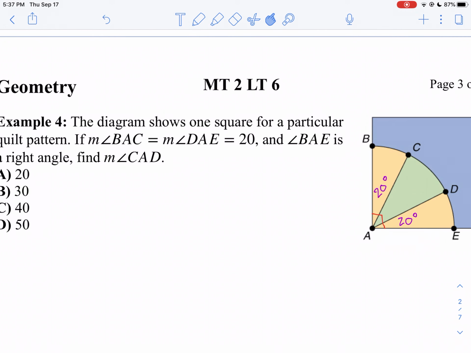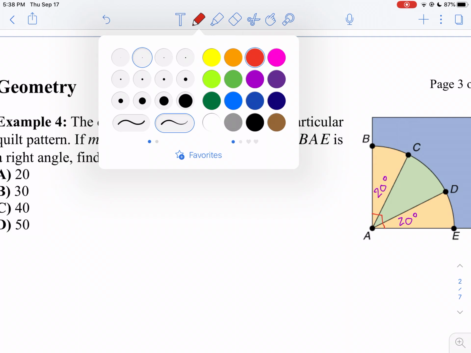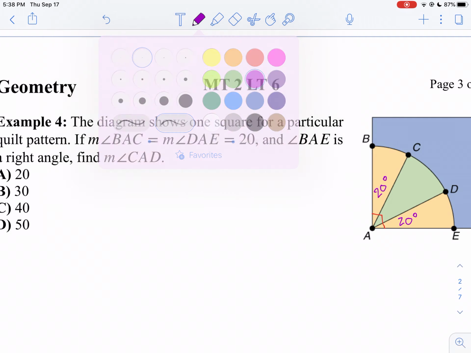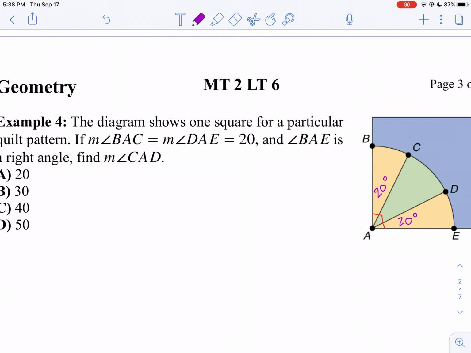Well, if we use the angle addition postulate, we know that the measure of angle BAC plus the measure of angle CAD plus the measure of angle DAE is going to equal the whole angle, which is angle BAE.